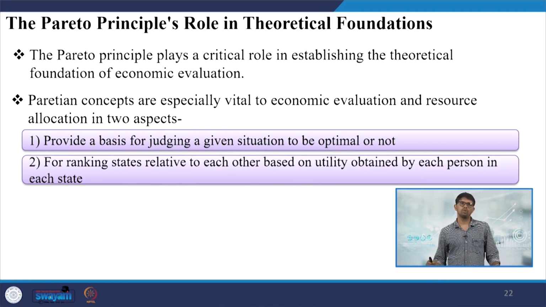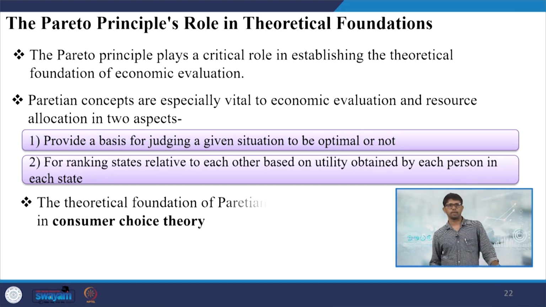So, Pareto concepts are usually discussed in two aspects. This provides a basis for judging a given situation to be optimal or not, or for ranking states relative to each other based on the utility obtained by each person in each state.